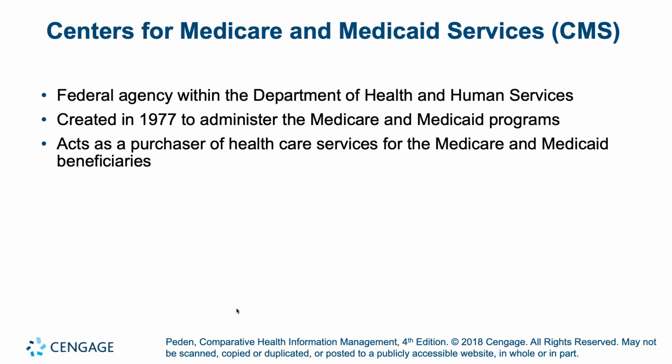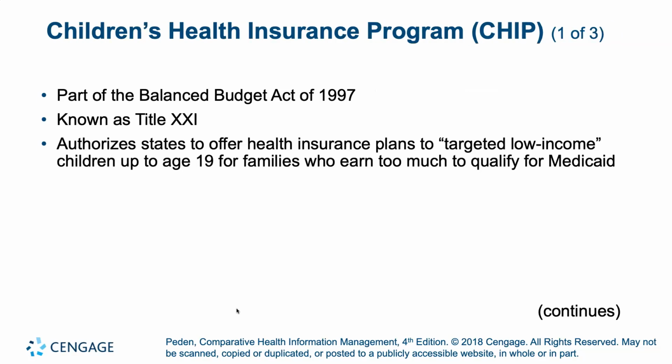In 1977, the Department of Human Health Services created a department to administer the Medicare and Medicaid programs and act as a purchaser of healthcare services for Medicare and Medicaid. And then in 1983, you have the DRG program, which also was part of that.